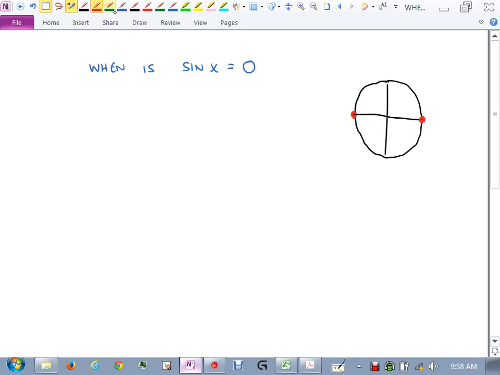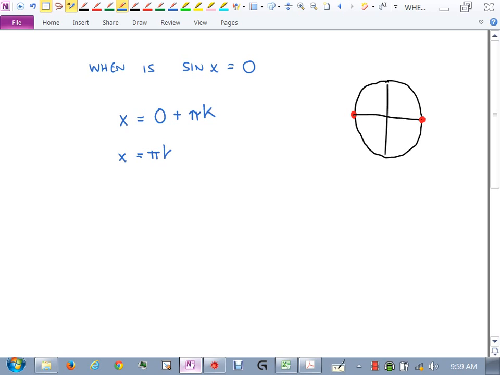I'm going to say x here will have to be, well, what's pointed out to the right? 0 plus, how do I say all half rotations? Pi k instead of 2 pi k. Right? 2 pi is a full rotation. Pi k is a half rotation. So I don't need the 0 there.